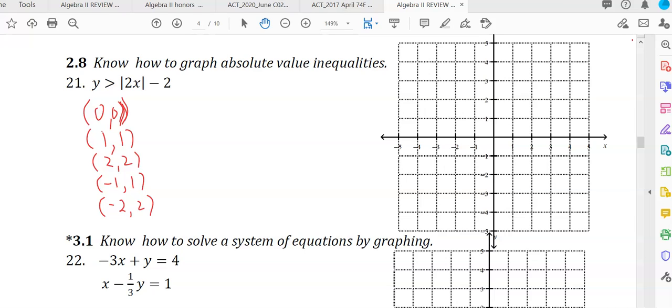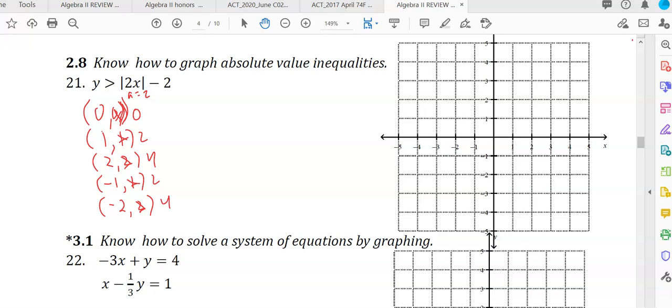Sorry, my computer's doing some weird stuff. I may have to restart after this problem here. So I'm going to multiply, so a equals 2. So I'm going to multiply all the y values by 2, so you get 0, 2, 4, 2, and 4.